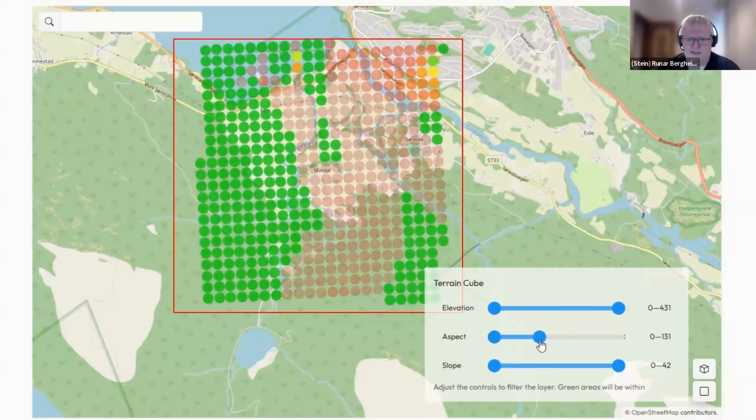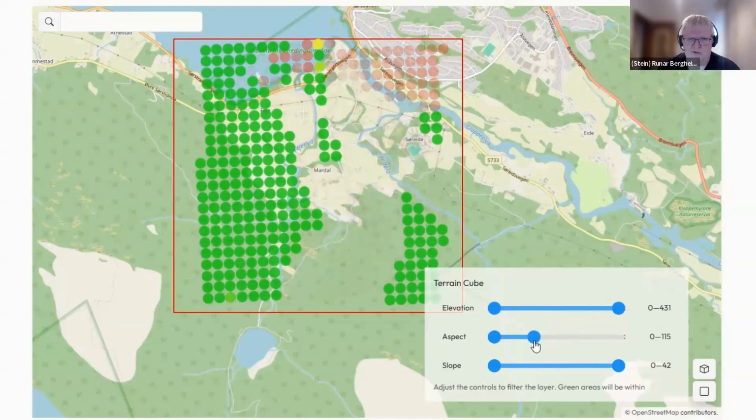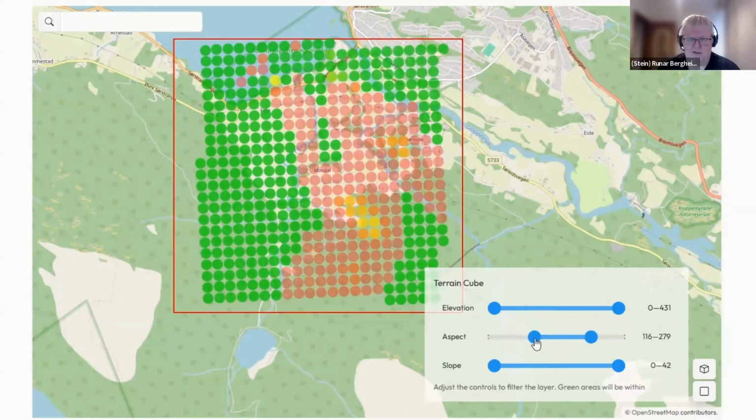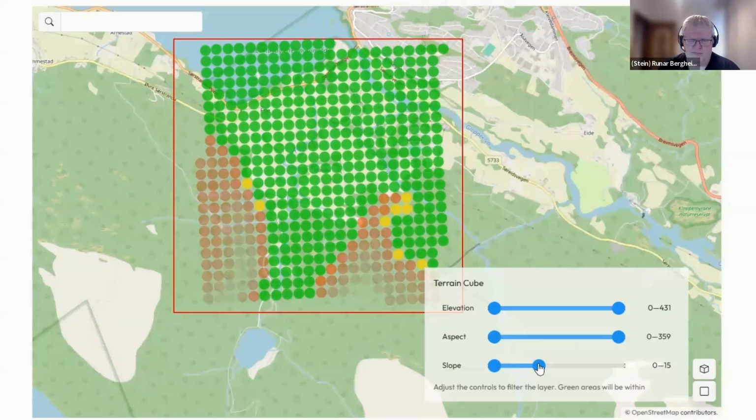values that are completely within the blue interval, they are green. Values that are near the edges, they become orange, yellow, red. And areas that are entirely unsuitable fall outside entirely.